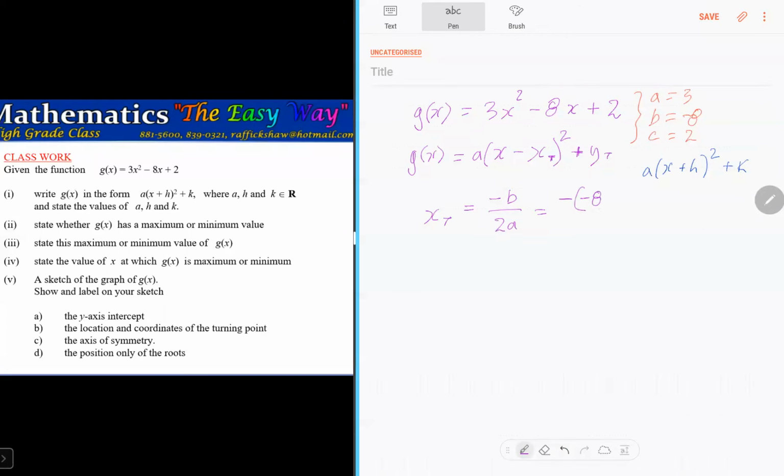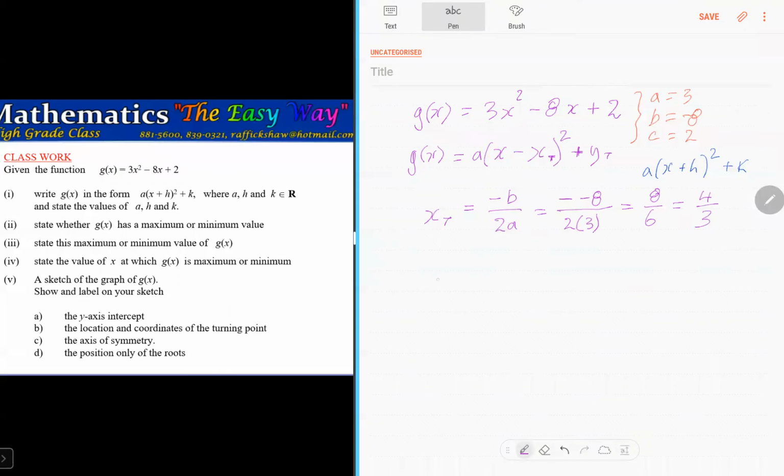You can bracket it, or you can leave it like that, it doesn't matter. It's going to become a plus 8 anyway, divided by 2 times 3. So basically it becomes a positive 8 over 6. The 8 and the 6 can each be divided by 2, so we can simplify it down and write it in lowest terms as 4 over 3. It's a habit that you must have, to write your expressions in lowest terms.